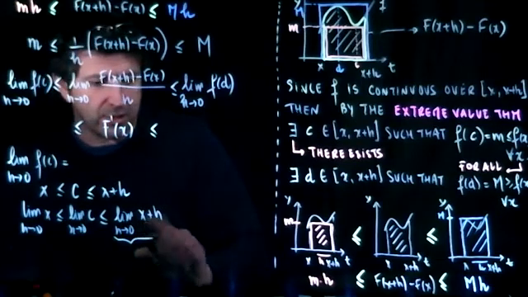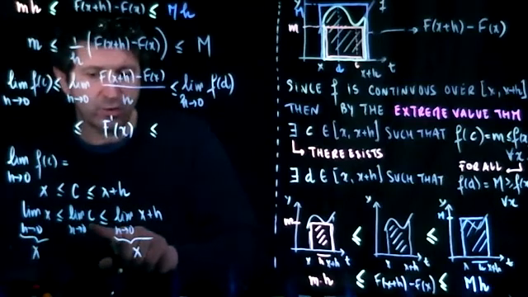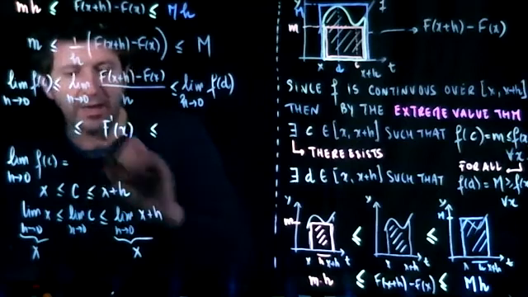This h is 0, so this is x. This is x, so as h approaches 0, c approaches x.